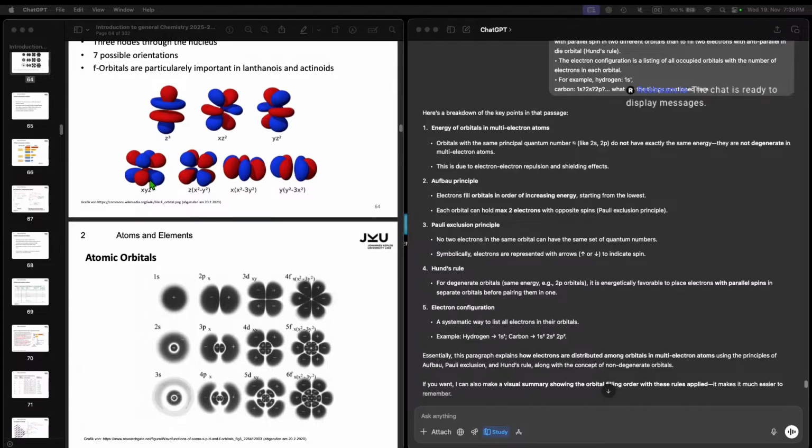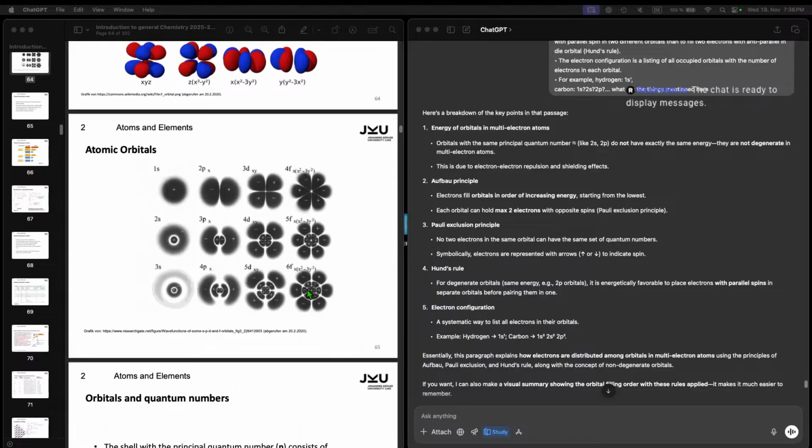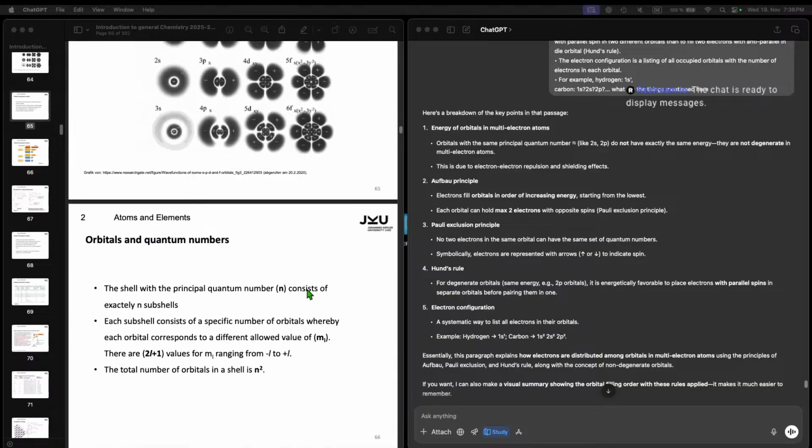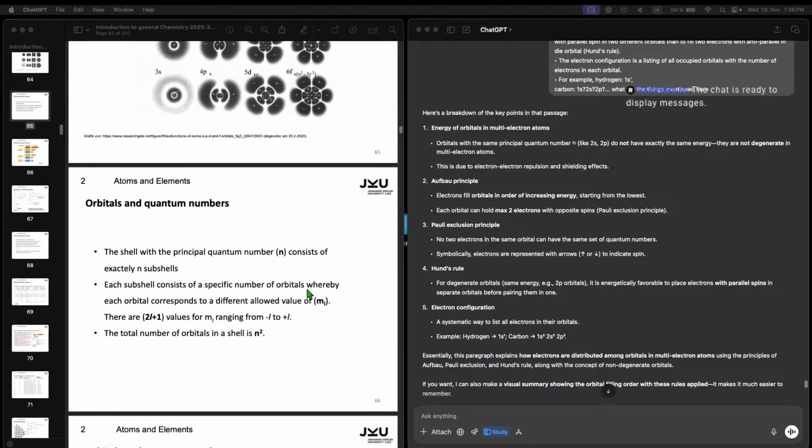I don't know what it's called, but to explain this part in my notes using an example.